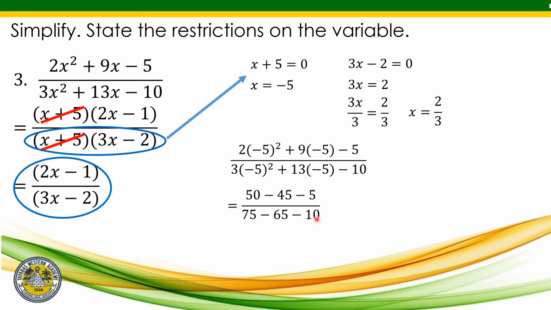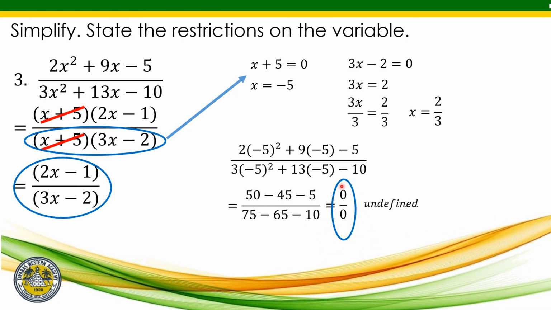Minus 10. Then, simplify natin yung mga numbers kasi pwede naman silang i-add. Wala naman kasing variable. So, 50 minus 45 is positive 5 minus 5, 0. Then 75 minus 65 is 10. Minus 10 is 0. Okay? So this is undefined. Undefined kasi 0 yung denominator.